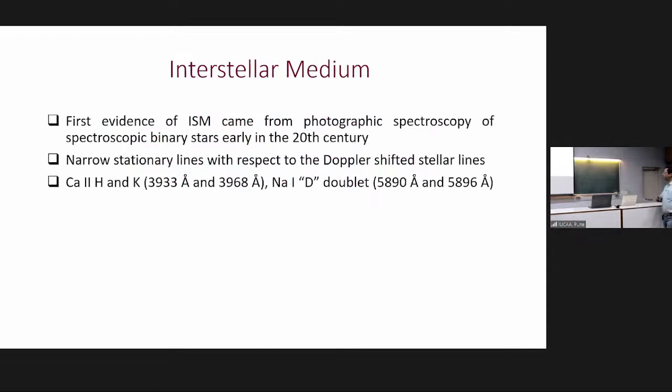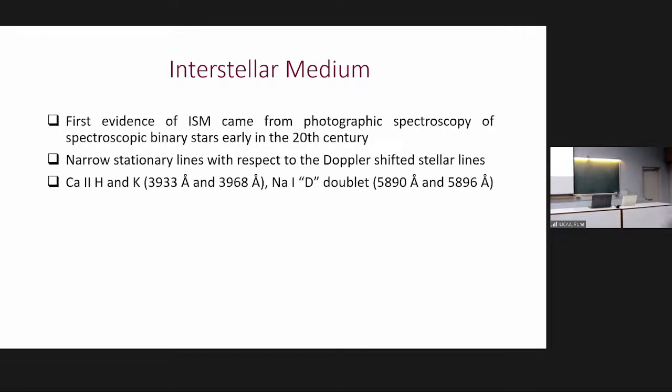So how do we know that interstellar space has some material, and that things can exist there? The first evidence came in the 1930s, by the detection of calcium through H and K lines and sodium doublet lines.